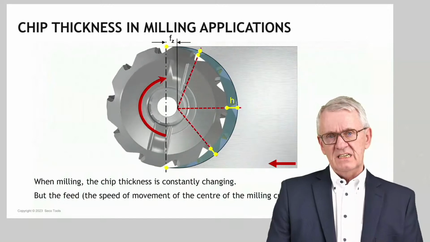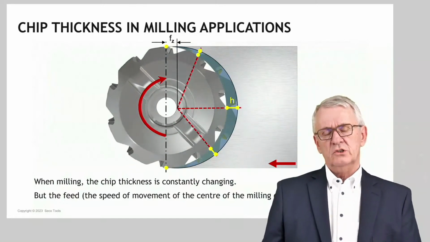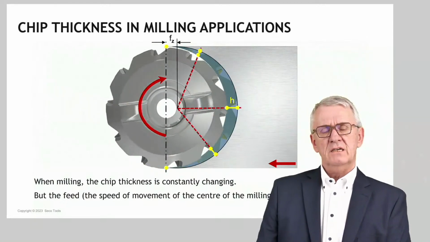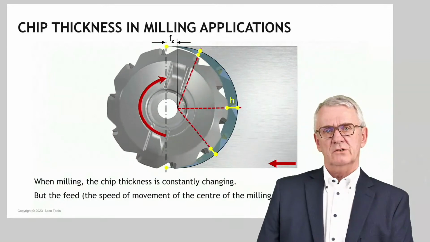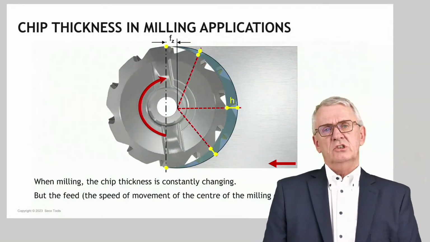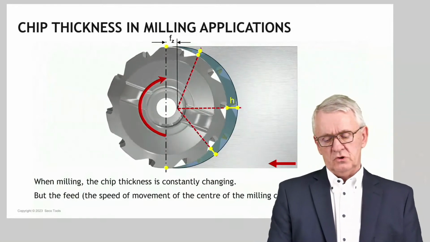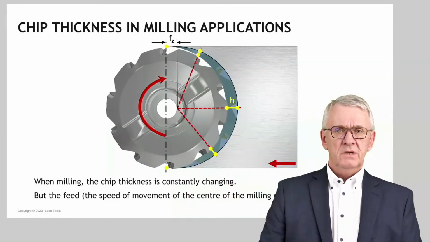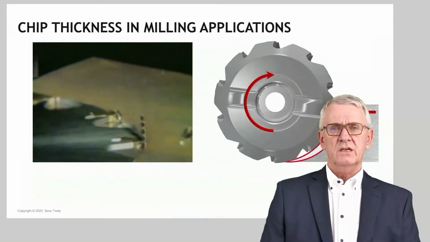How do we connect this in a practical way to people in a workshop that work with feeds? And how do we make sure that the feed selected to use the milling cutter with is not jeopardizing chip thicknesses being too big or too small compared to what the designer of the milling cutter was working with? That is what we are focusing on here.